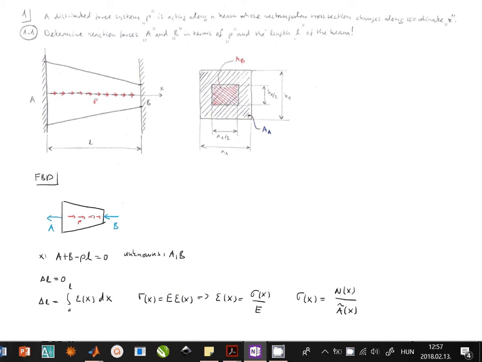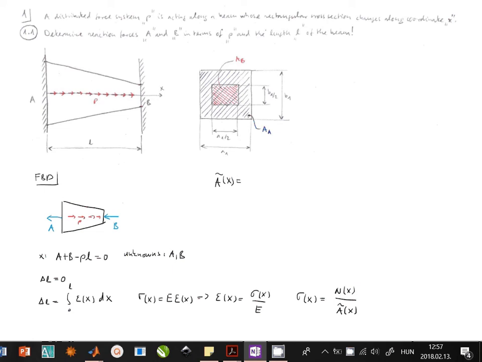And here I denote the cross-section area by A tilde because A is already occupied by one of the constraint forces. So let's see first how to compute the cross-section area, A tilde of x.